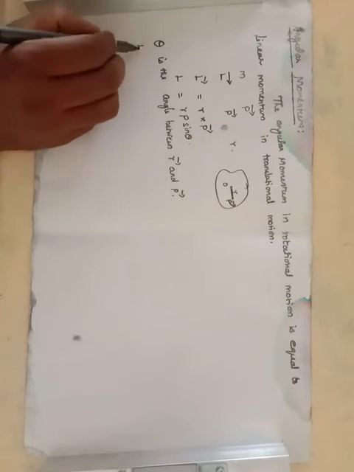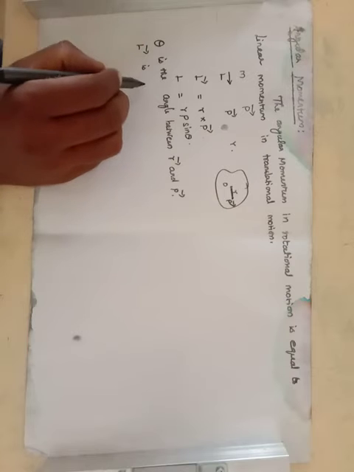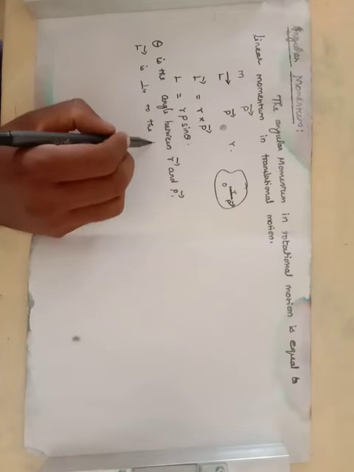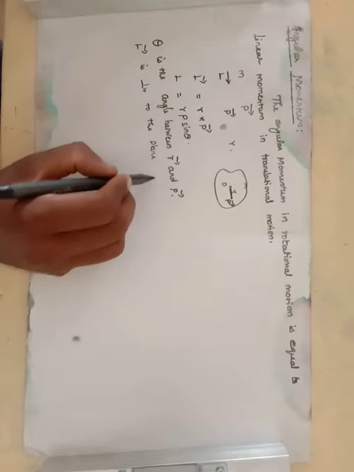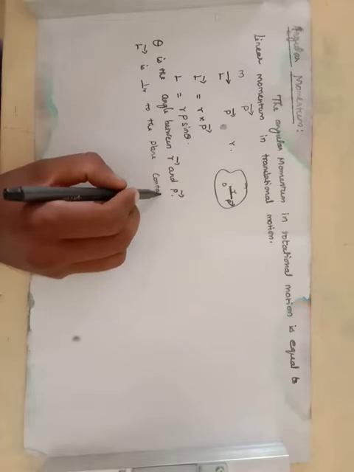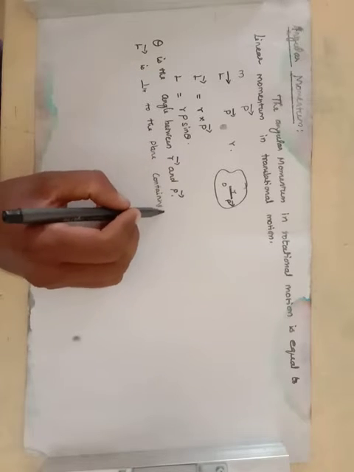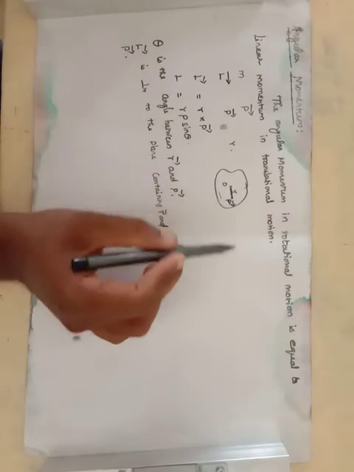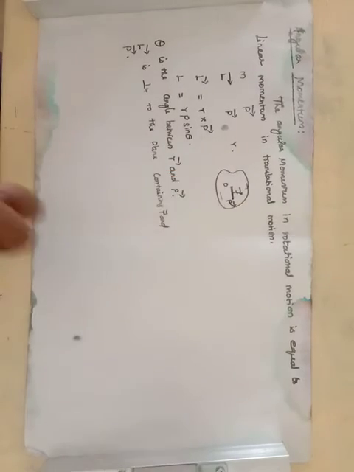So the L vector is perpendicular to the plane containing r vector and p vector. Here the L vector, the angular momentum, is perpendicular to the plane containing p vector and r vector.